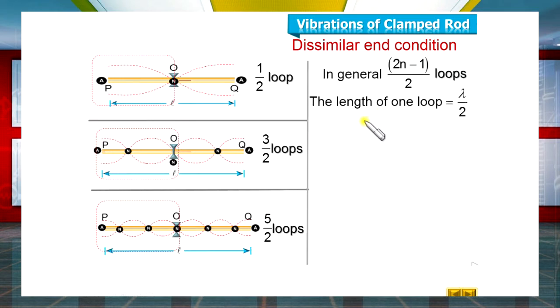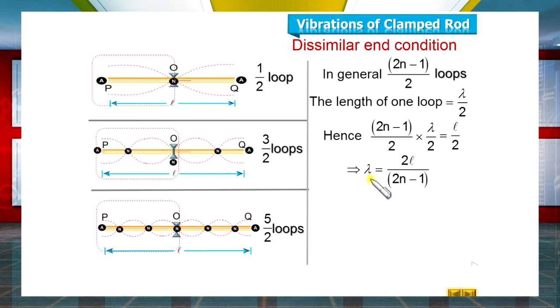That means for this part, the length is L/2, and this section always has (2n-1)/2 loops, and one loop has length λ/2. That means the total length L/2 should be equal to (2n-1)/2 multiplied by λ/2, right? Now we can find the value of lambda. You can observe the 2 and 2 get cancelled. That means λ equals 2L divided by (2n-1), right?